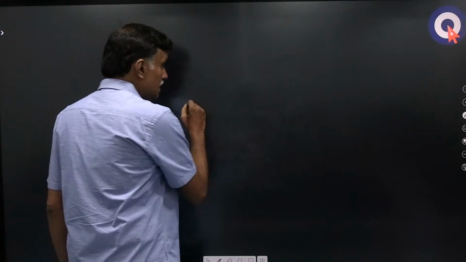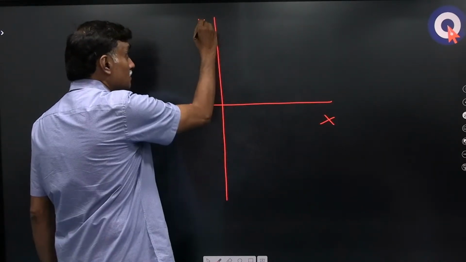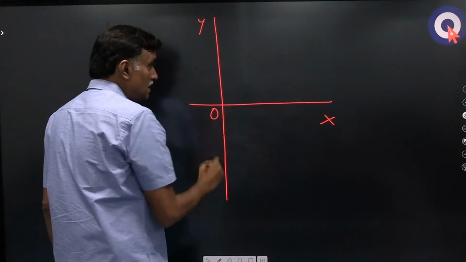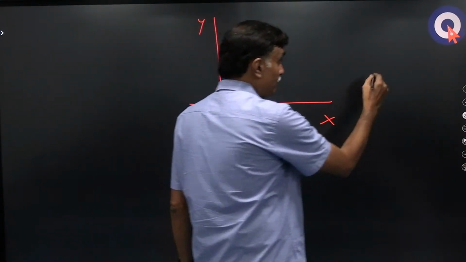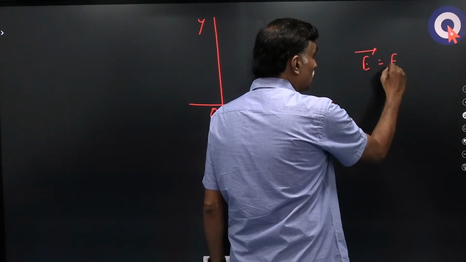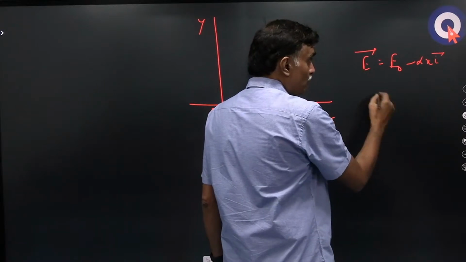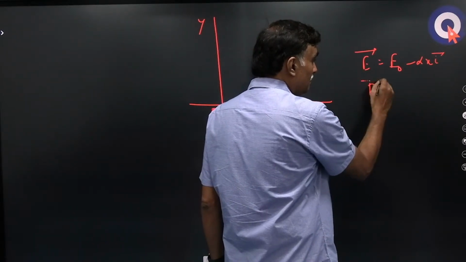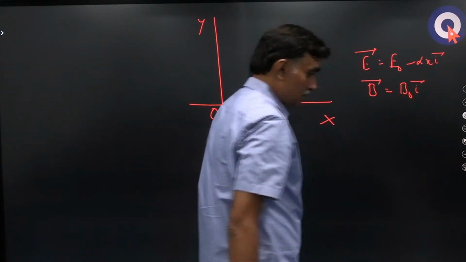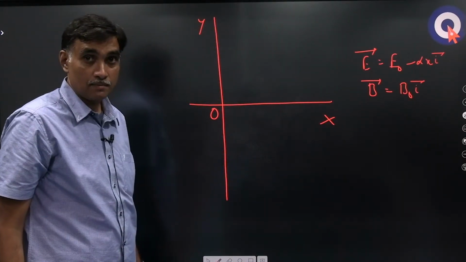Now this is the x-axis we'll take, and this is the y-axis, and there is an electric field given by E bar equal to (E naught minus alpha x) i bar, and a magnetic field B naught i bar.